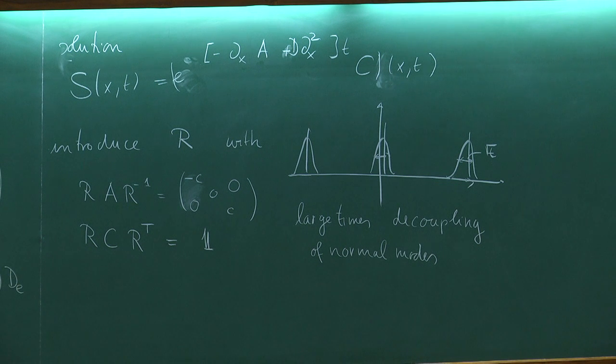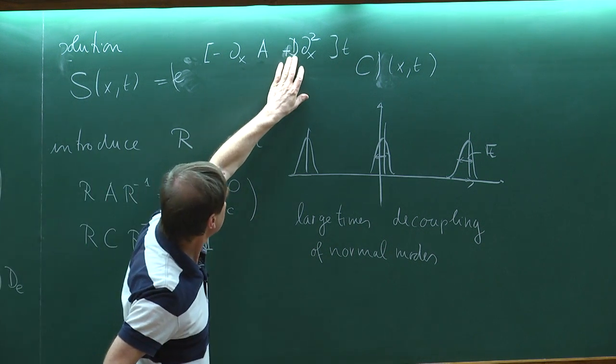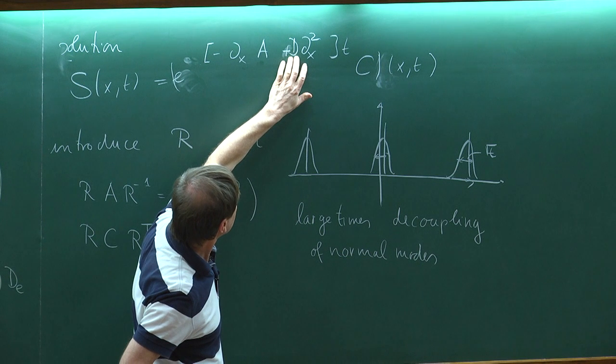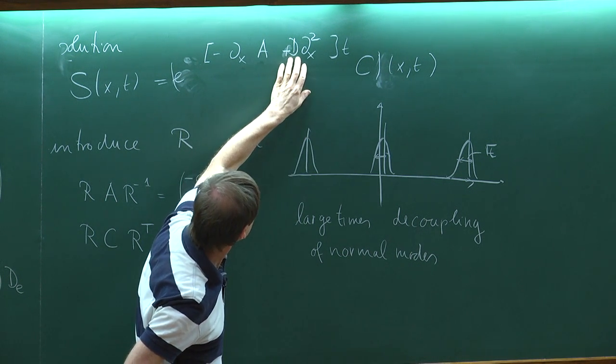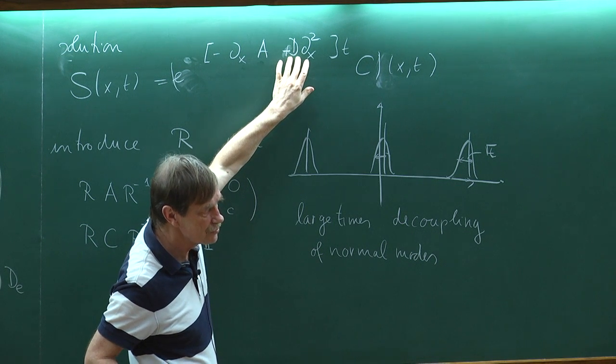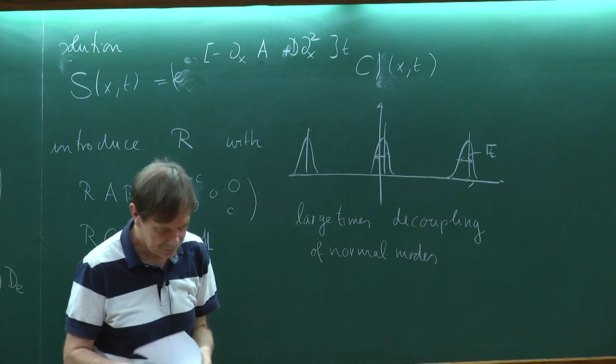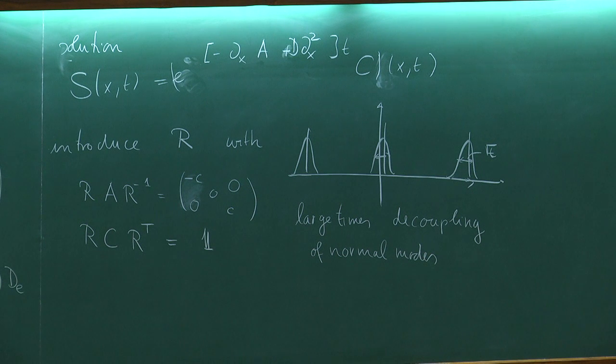The reason is that these peaks are moving apart, and therefore eventually in this new coordinate system I will have some transformed D. This D will be non-diagonal, but what I will see in this picture at long times is just the diagonal elements of this diffusion operator. Okay, so let me leave it at that stage.